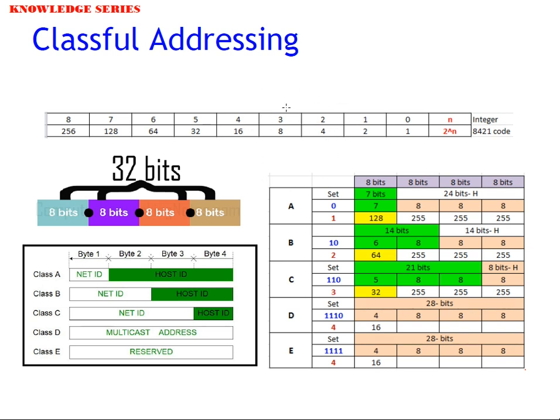Take an analogy of your home: in which place does that home reside, and what is the address of that house? These two things, the address and the location, are very important in computer networks.